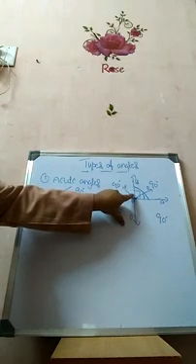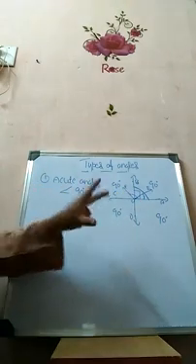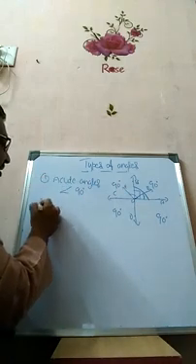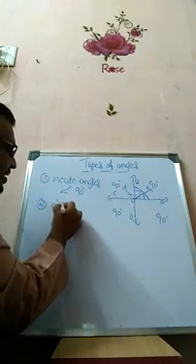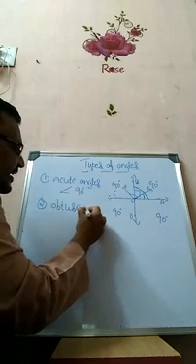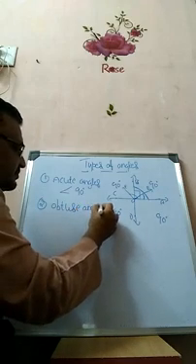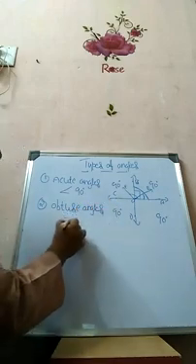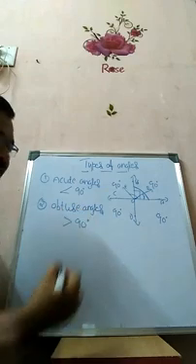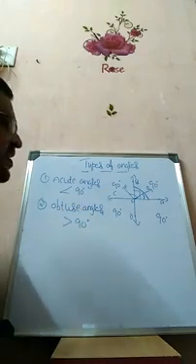Up to here is 90, and it is more than 90. Such types of angles are called obtuse angles. If the angle is greater than 90 degrees, then it is called an obtuse angle.